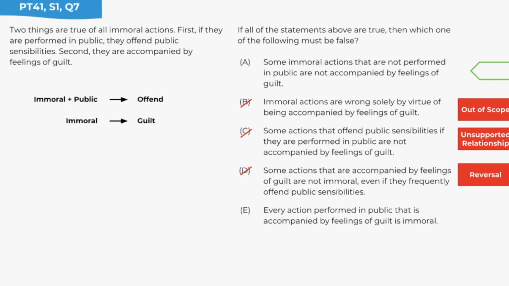So some people, when they're learning about reversals and negations and contrapositives, take it a little too far. And while we know that a reversal or a negation cannot be inferred from an original claim, that does not mean that they must be false given the original claim. So this may be tempting for somebody who thinks that a reversal must be false, but it doesn't. And so it's wrong. And that leaves us with answer choice A as the right answer.